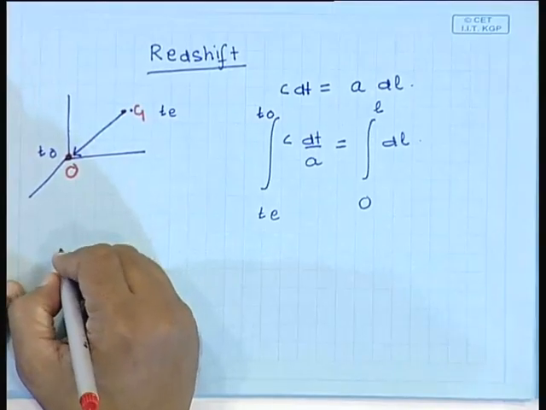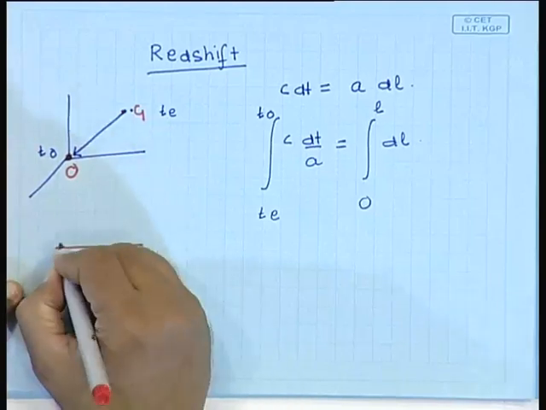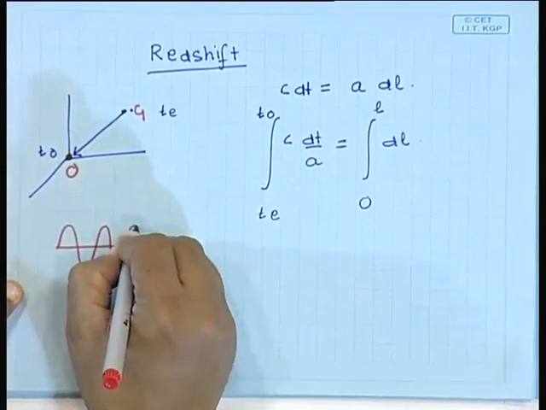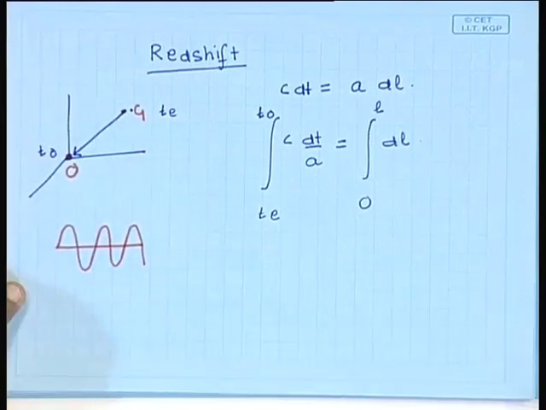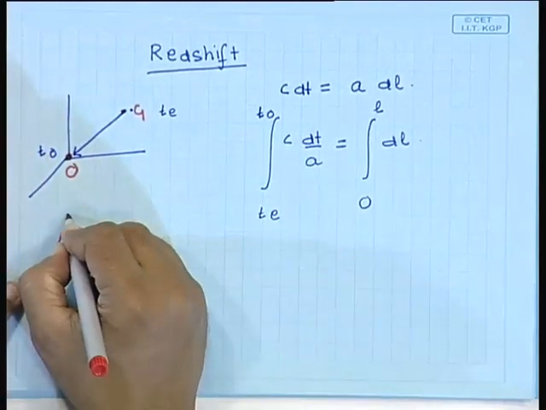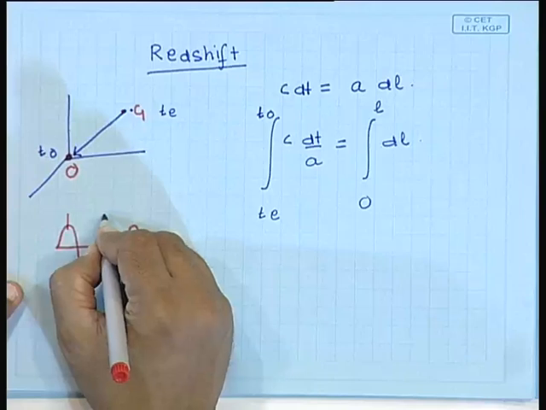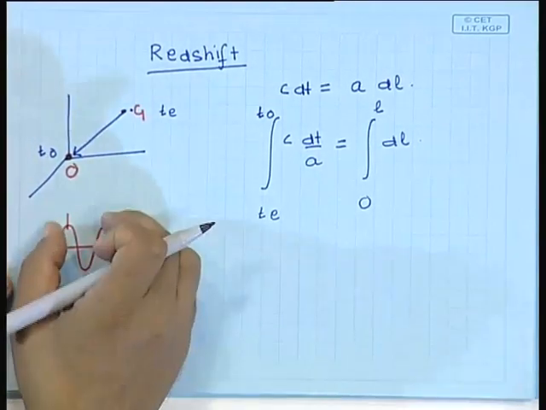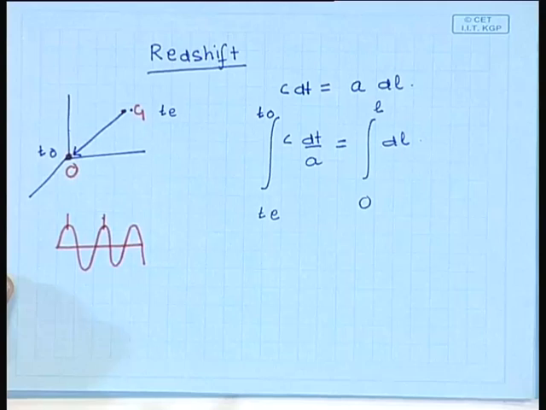So, light at the emitter is a wave, so this wave has certain crests, and the separation between these crests determines the frequency. The inverse of that gives the frequency, right.